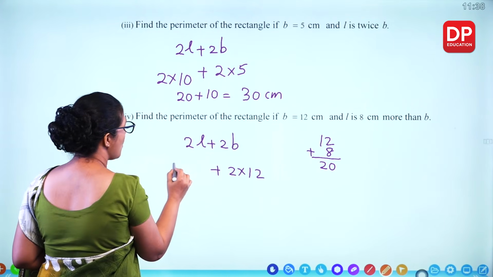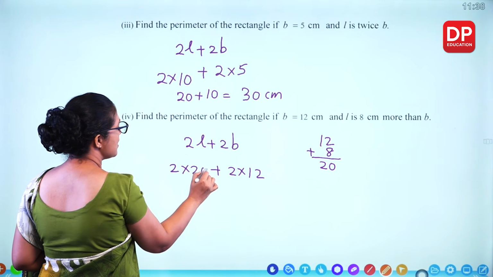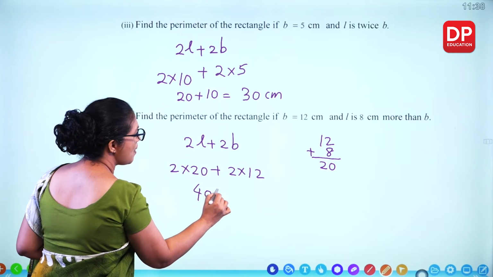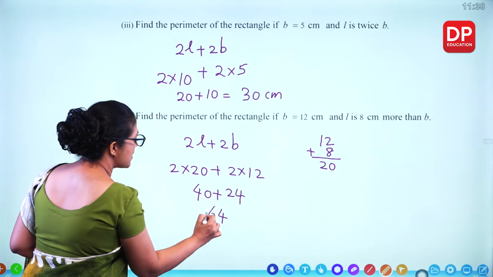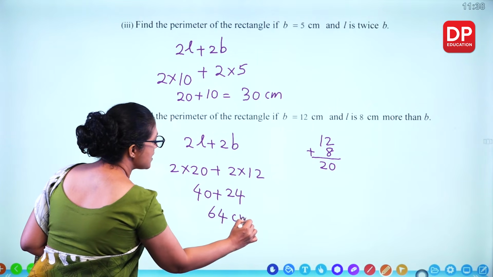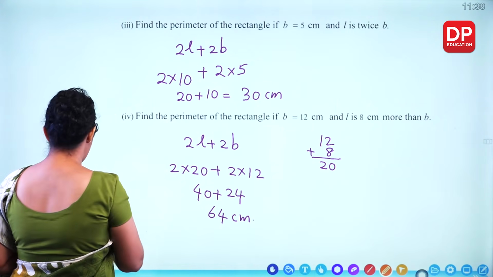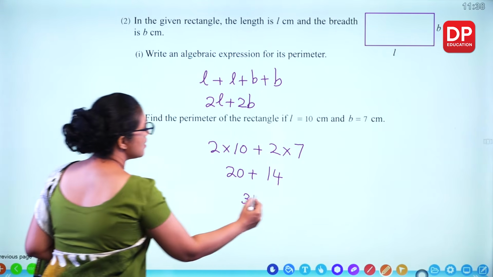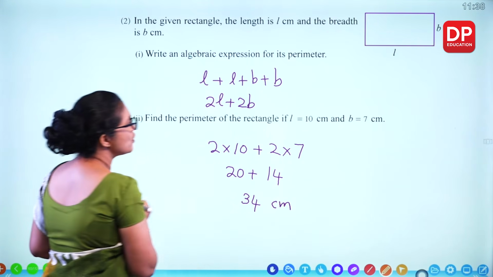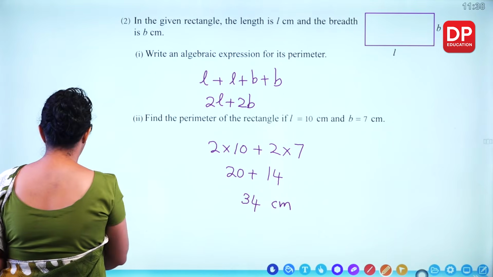L is 20 now. So 2 times 20, you get 40 plus 24, 64 centimeters. In the previous part also, this is about a perimeter, so we can put centimeters.